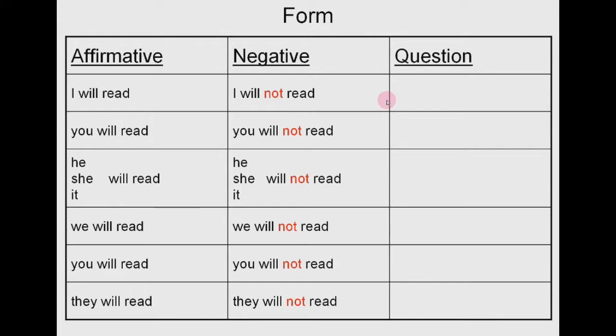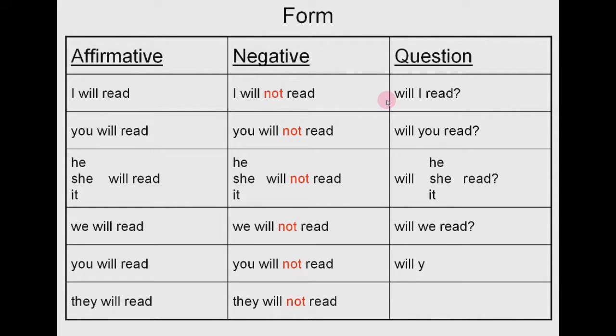And now the question form. Will I read? Will you read? Will he, she, it read? Will we read? Will you read? And will they read? So, to form the question, we change the order of the words.